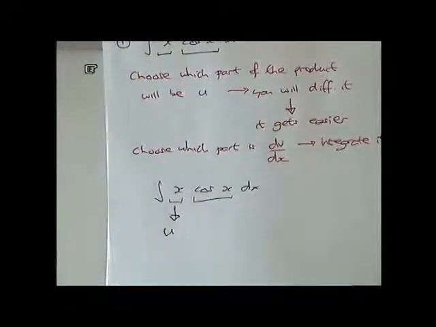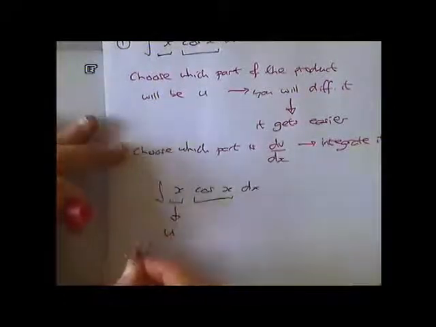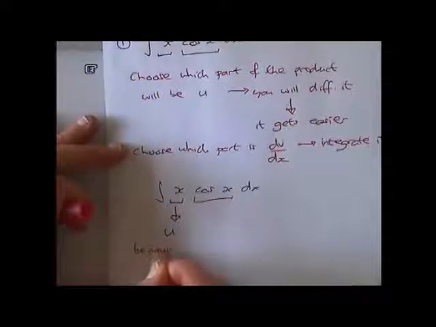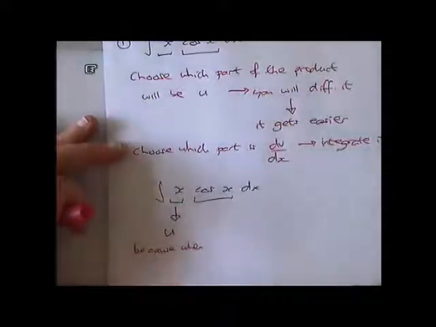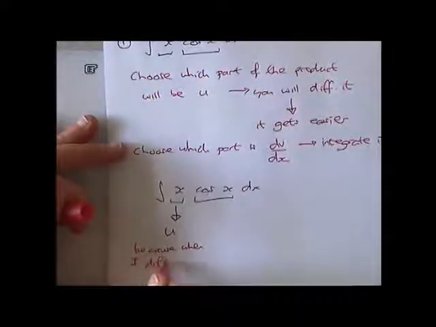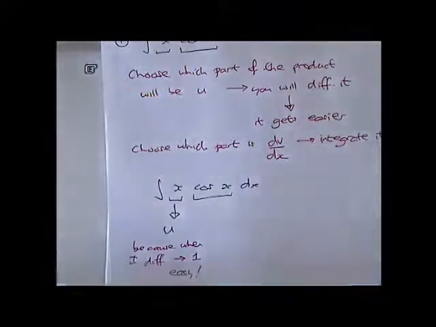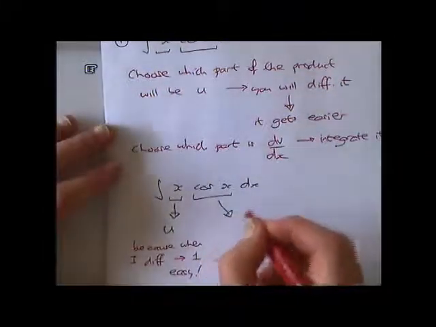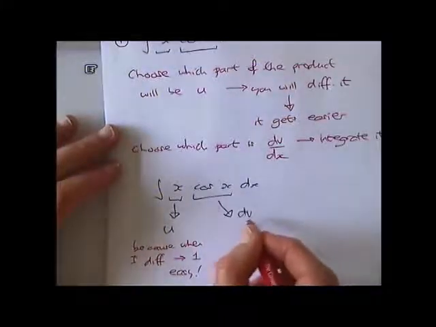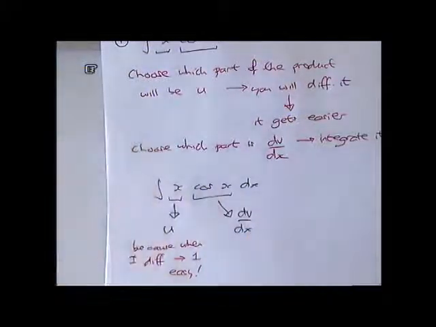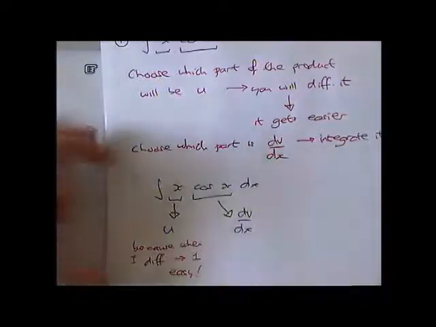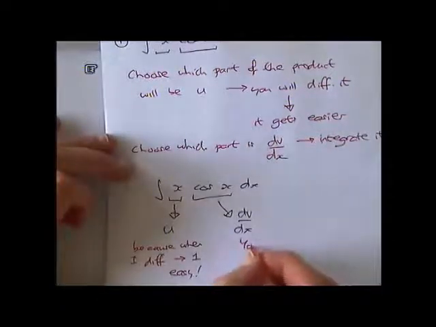And it's my u because when I differentiate it, I get just 1, and that is pretty much as easy as it can get. So that's why you're going to set that bit to be u, which means this bit here has to be the dv dx bit. And you can integrate it, so that's okay.